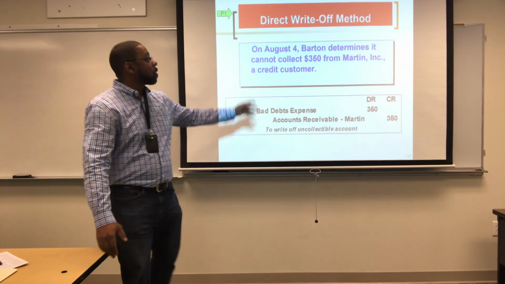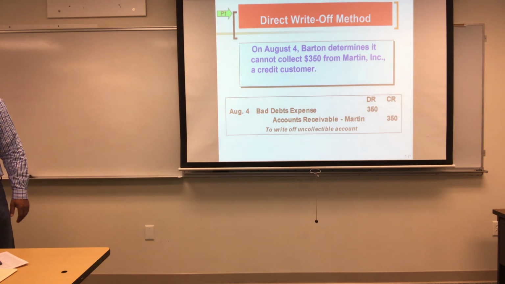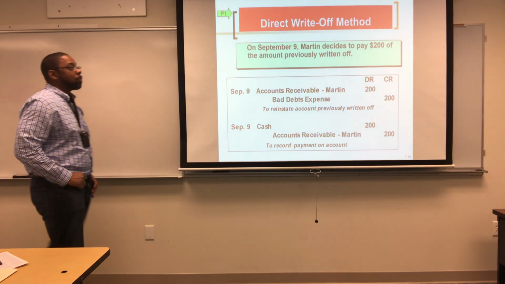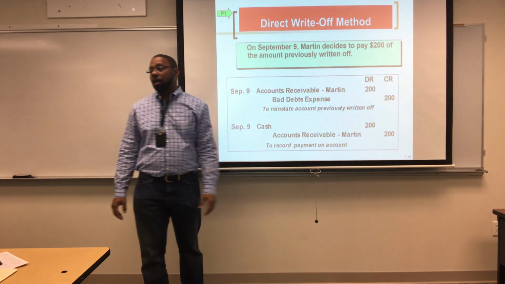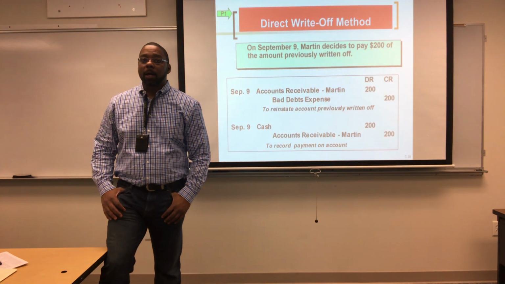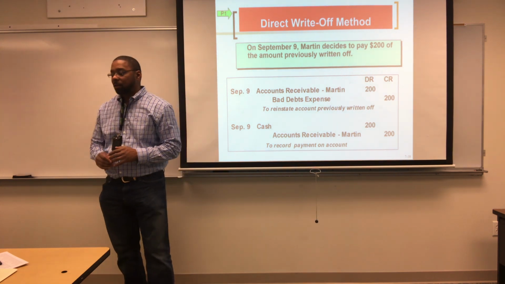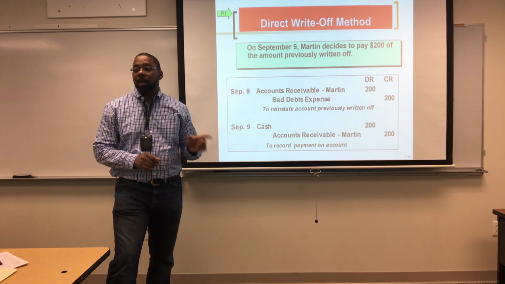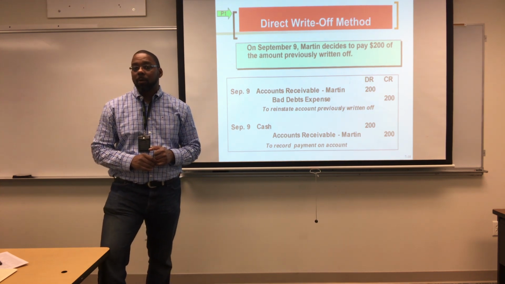Now, what happens if, let's say, Martin comes back later and pays at least a portion of their bad debt? Well, the first thing that we'll do, we will reconstitute the account. And how we do that, we flip the prior transaction. So remember the prior transaction when we wrote off the debt was a debit to bad debt expense and a credit to accounts receivable.